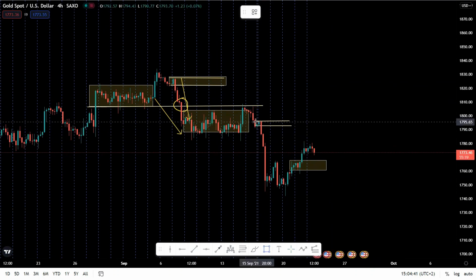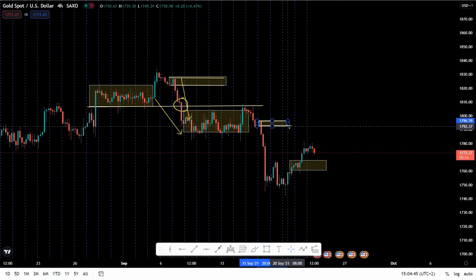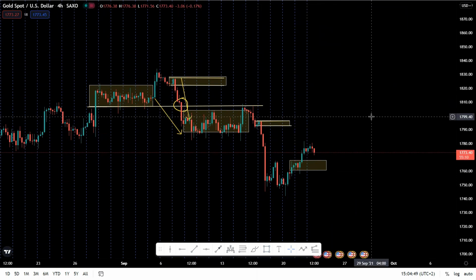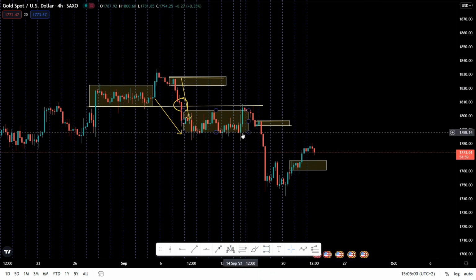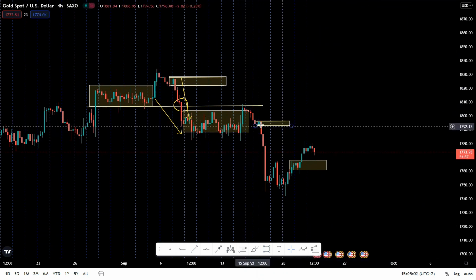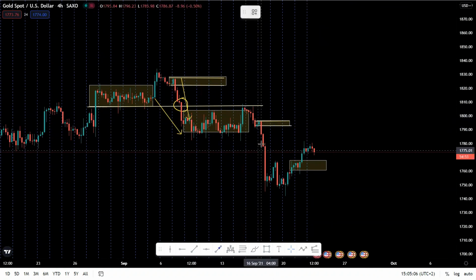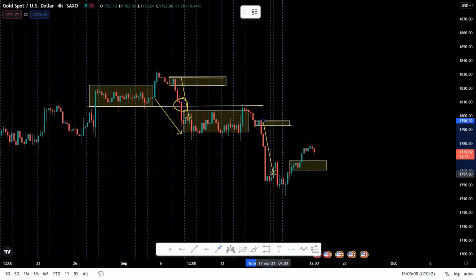I'm sure you've already gotten an understanding about order blocks. As the course proceeds, I'm going to explain to you the secret behind order blocks so that you can trust these things. So the market did its thing here, created that order block, and the market started falling.